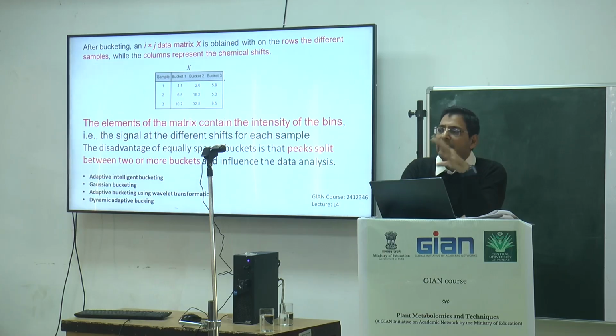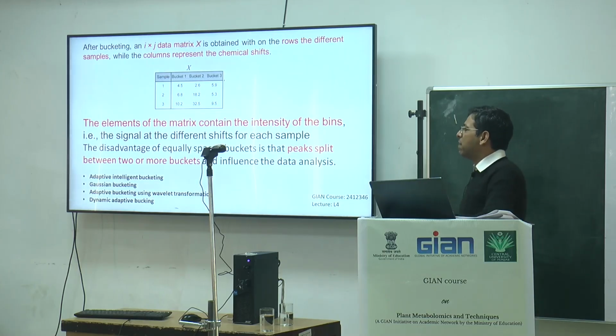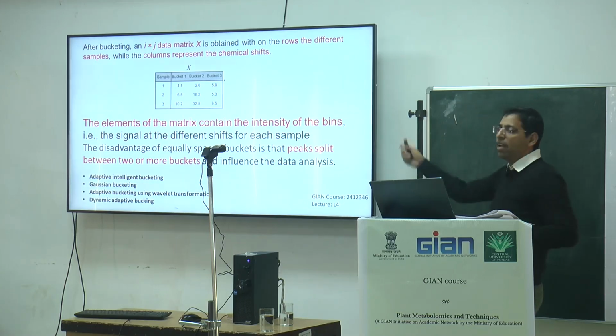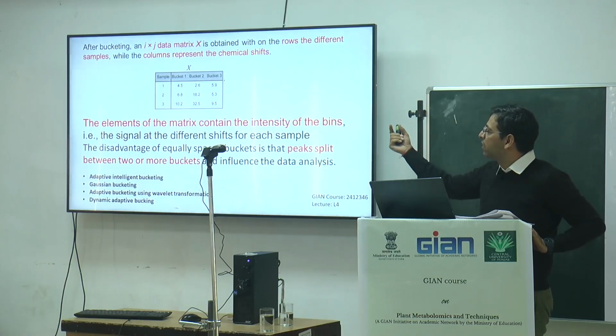So we convert it into a matrix, an I multiplied by J data matrix, where one dimension defines the sample and the other defines the chemical shift. So here sample 1, 2, 3, 4, 5, 6 each represent a row, while the chemical shifts are present in the different buckets: bucket 1, bucket 2, bucket 3, bucket 4.